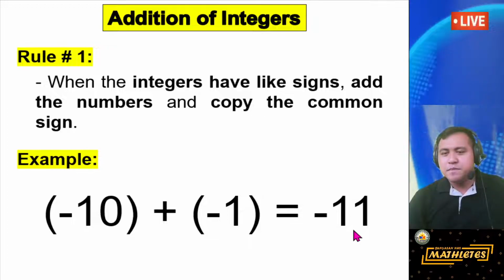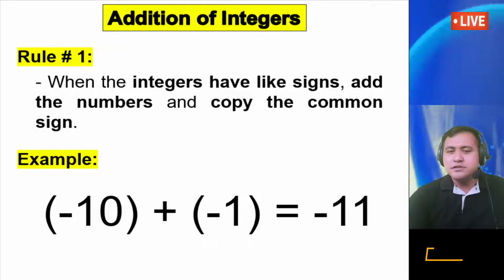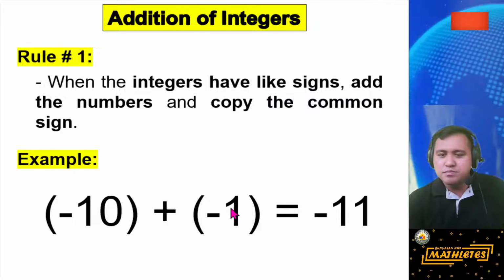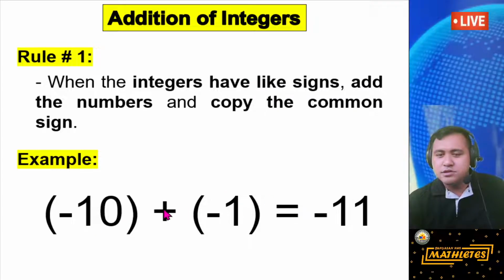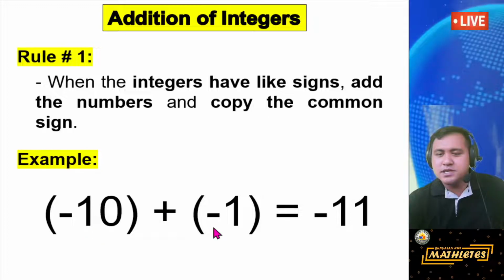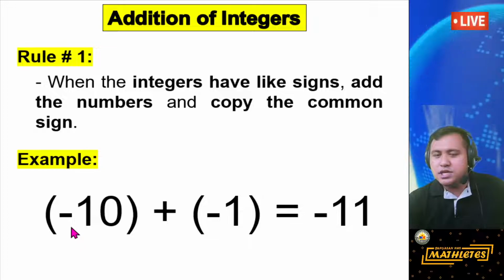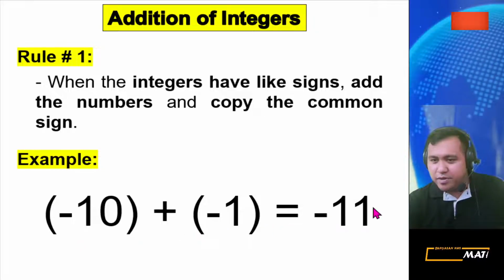So that is adding integers. Pareho man sila negative, so you are going to add. 10 plus 1 equals 11. Now, copy the common sign which is negative. So negative 11.